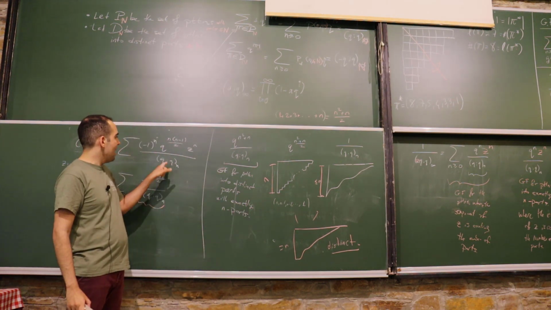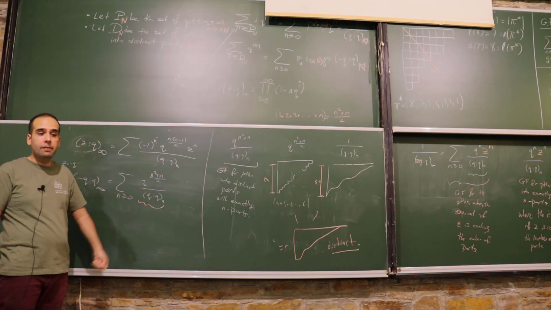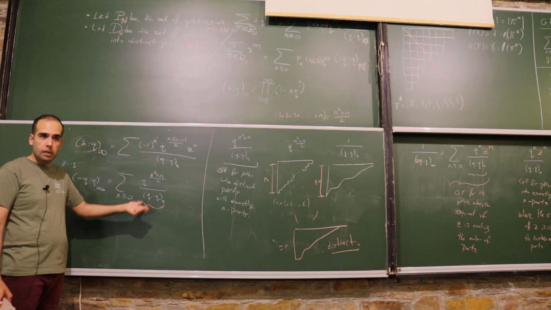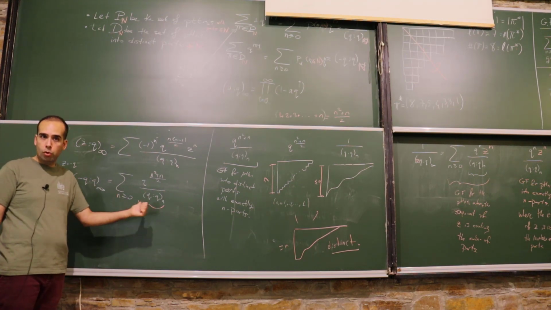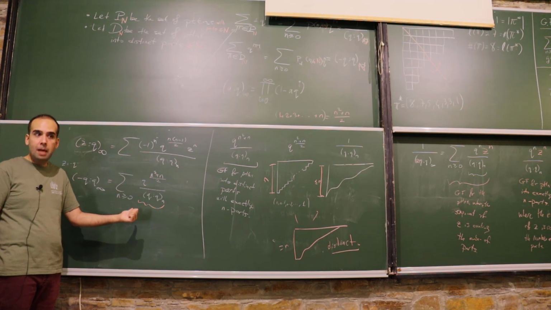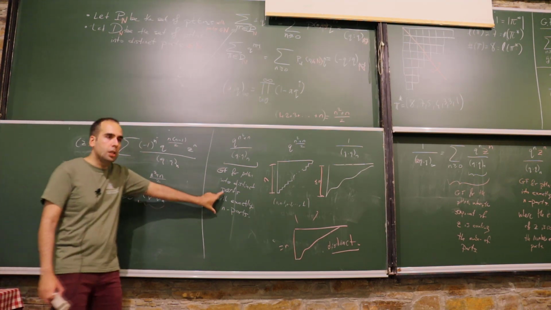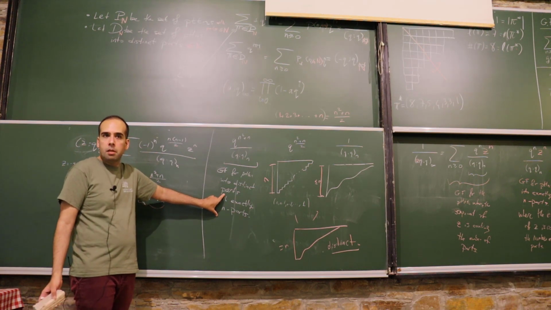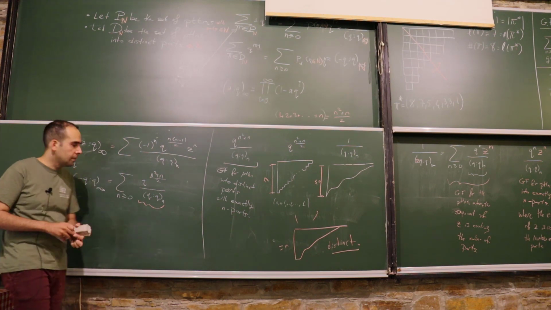So when n is 50, I'm counting the partitions into exactly 50 distinct parts. When n is 51, I'm counting them into exactly 51 parts. So when I sum it over all possibilities of n, I'm just counting the number of partitions into distinct parts. So this condition just goes away because I'm summing over all of the possible number of parts.